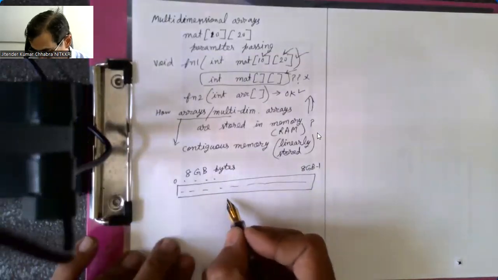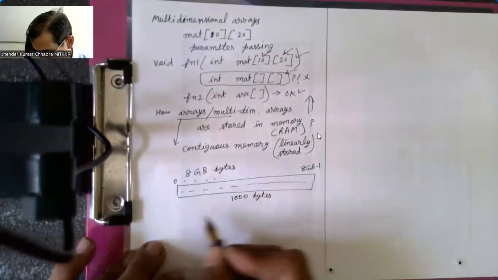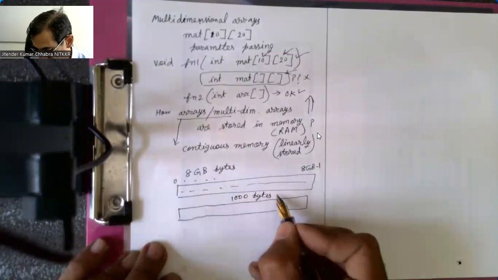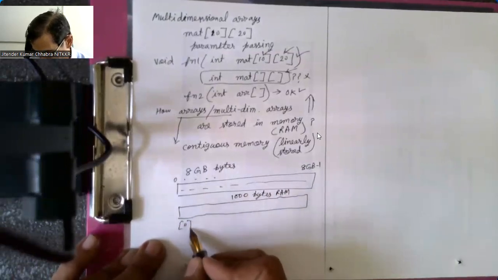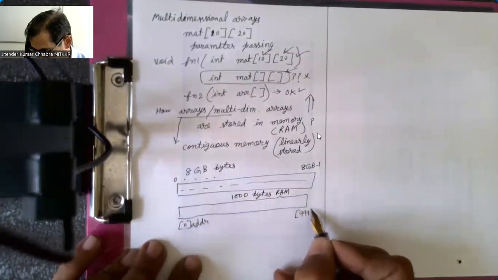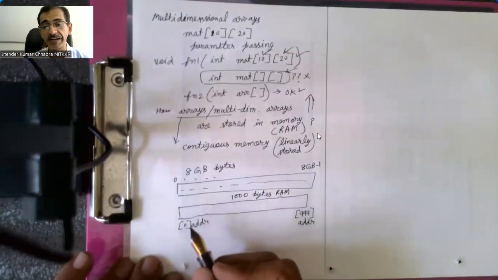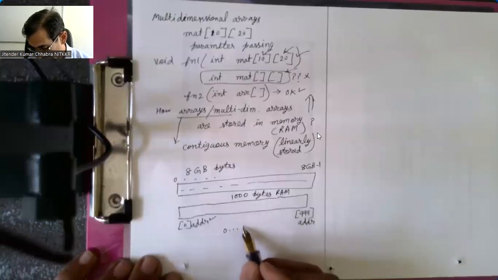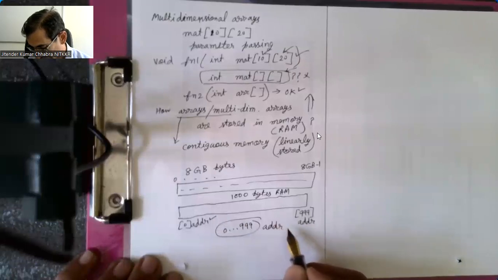For example, if I say I have 1000 bytes, since 8 GB you might not be able to estimate. So a 1000 bytes RAM internally means 0th address to 999 address. So my total byte storage will always be at addresses 0 to 999. These are the addresses on which data will be stored.